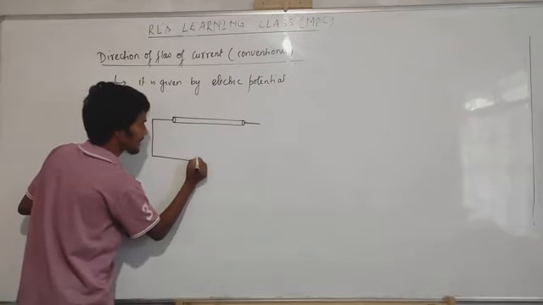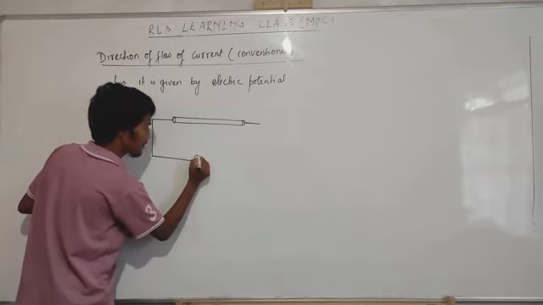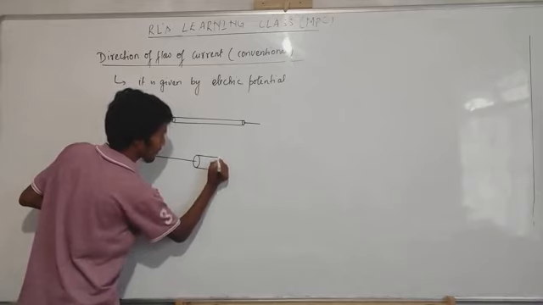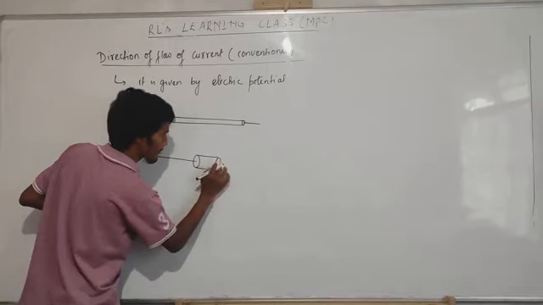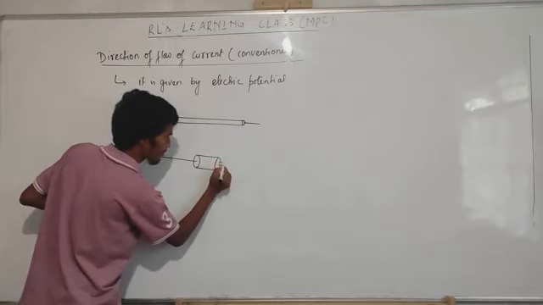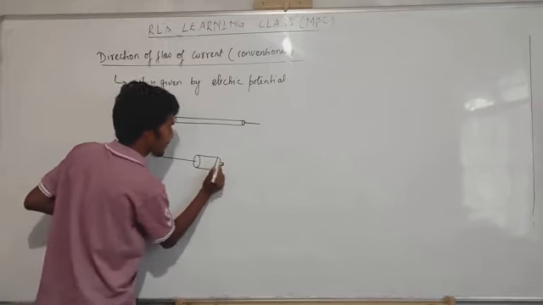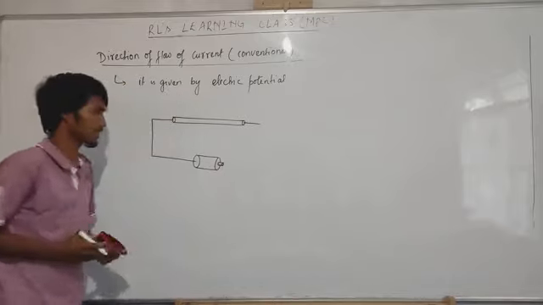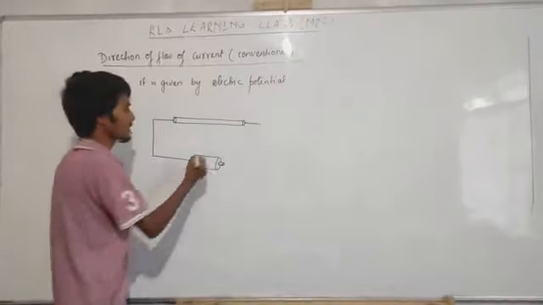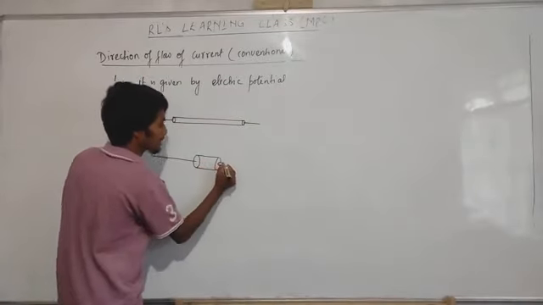Now consider here there is a battery. Okay, consider this is a battery. Now this conductor is connected with this battery.